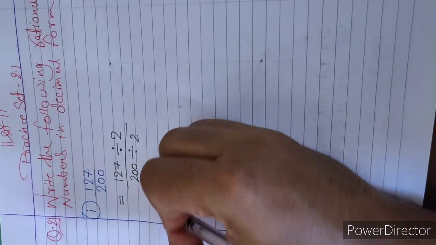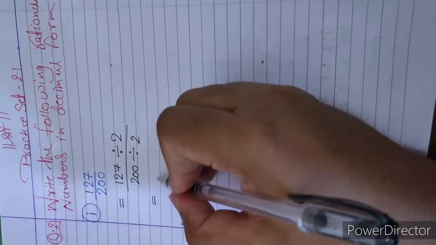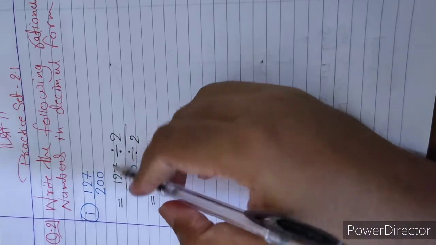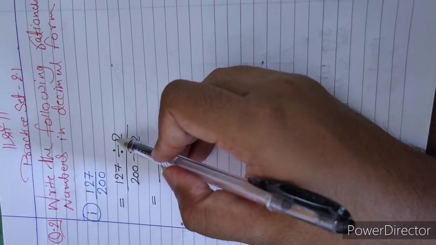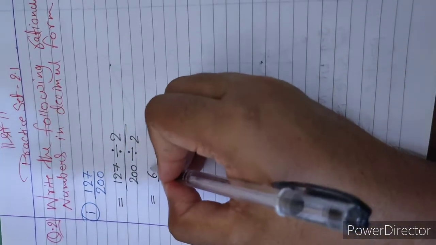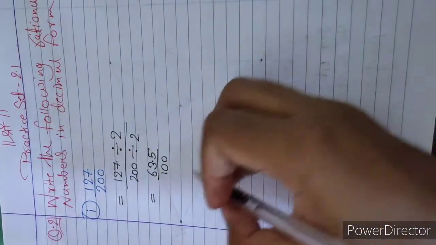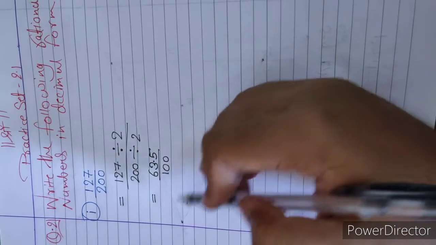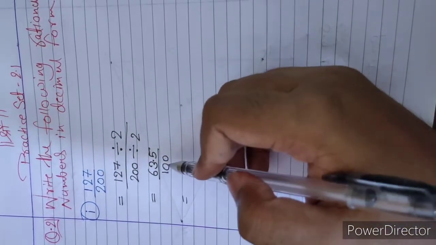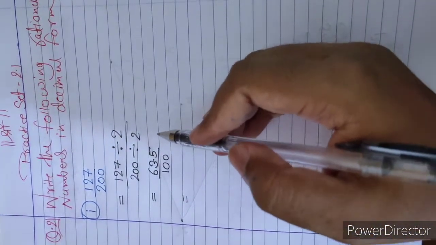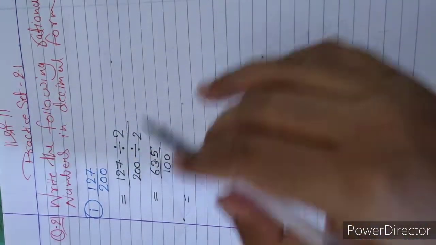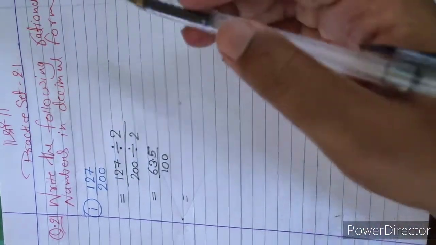Half of 200 is 100, and half of 127 is 63.5.